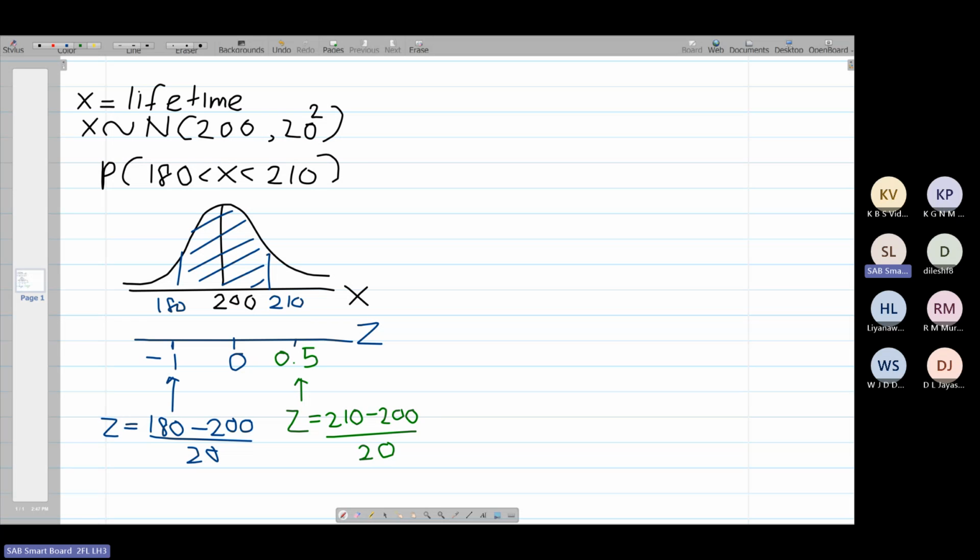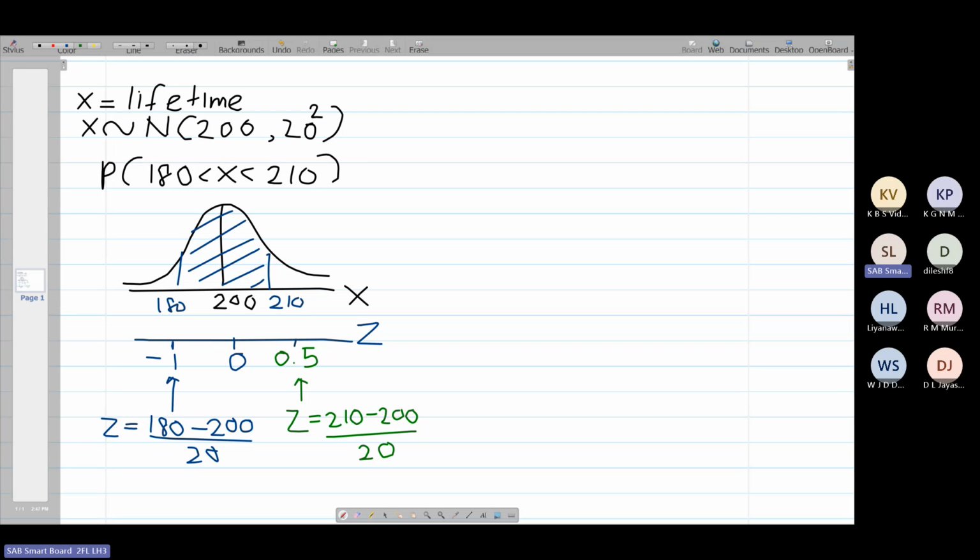Plus 0.5. Then using the normal Z table, remember the Z values are minus 1 and 0.5.